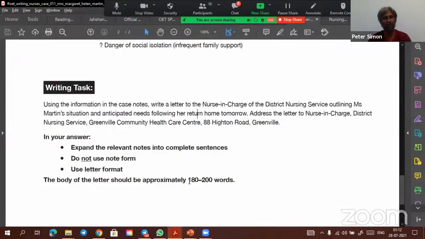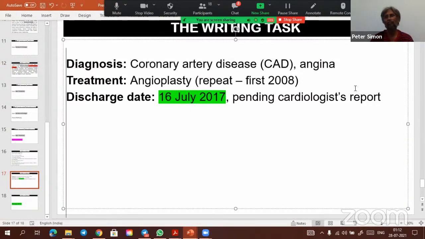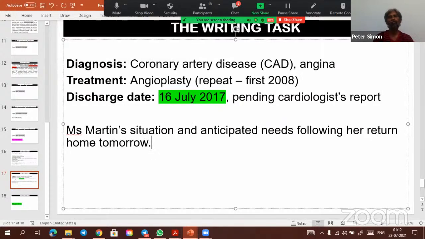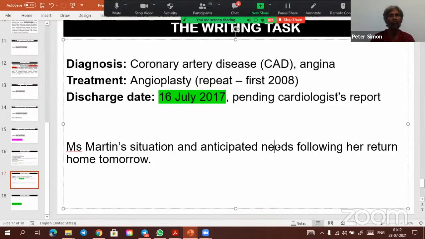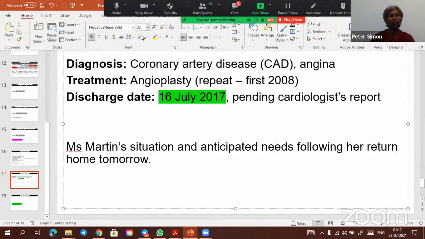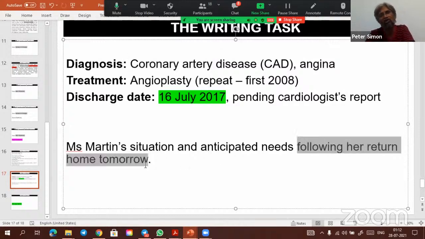So there's a continuation. Now here it is telling following her return tomorrow. So tomorrow she is returning.